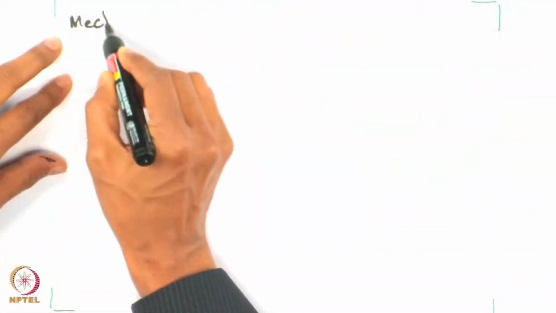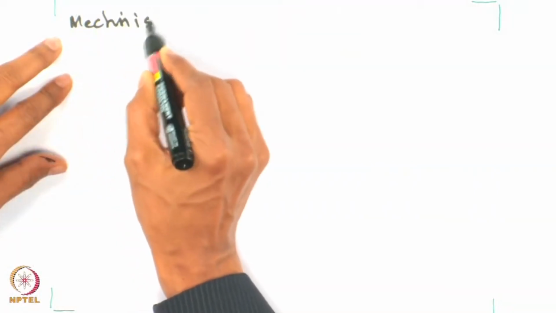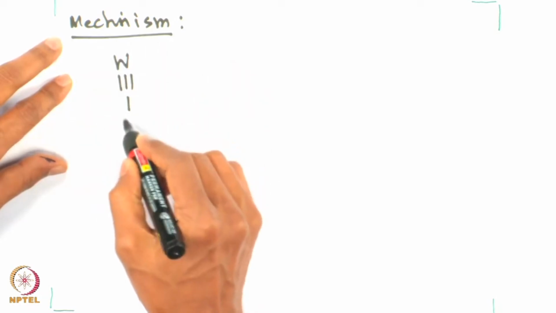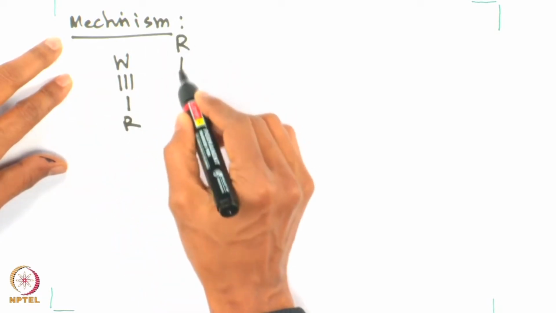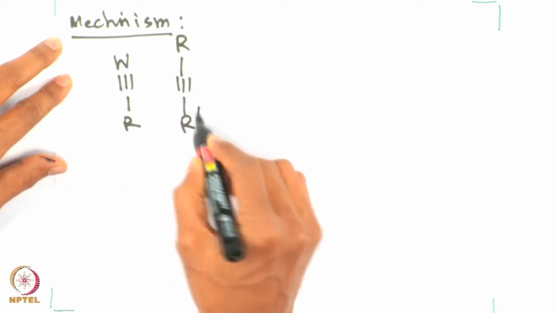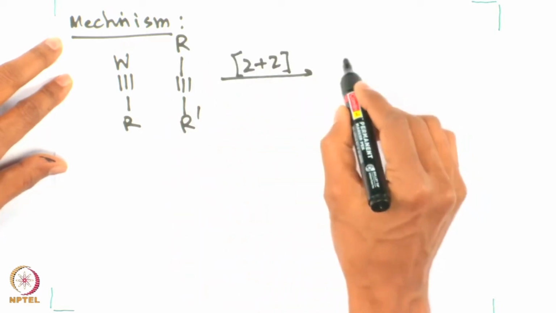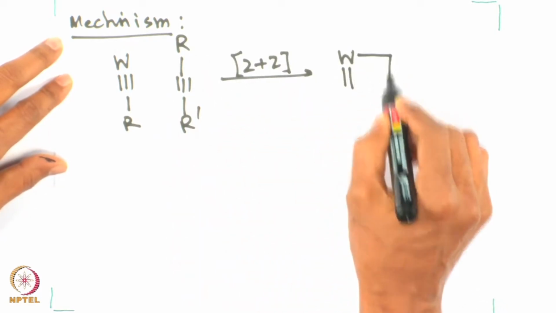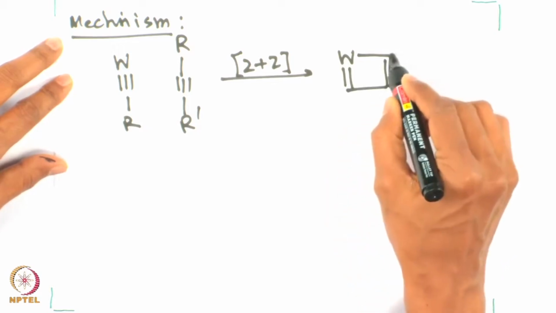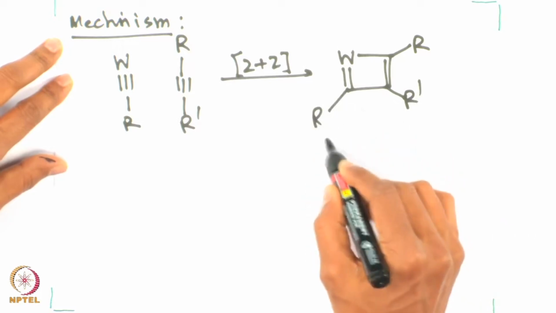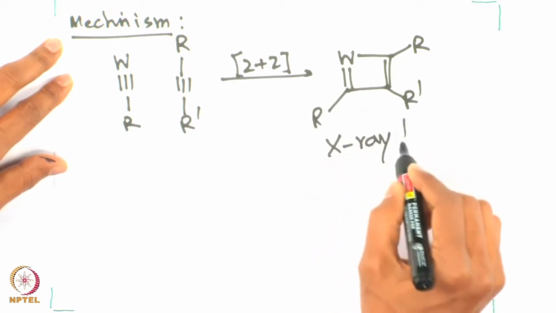Let us look at the mechanism. So, the mechanism for these alkylidyne species. We are taking the tungsten alkylidyne reacting with another alkyne. Overall, it is a 2+2 reaction to give you a tungsten intermediate. The most interesting part of this is that it is now characterized by X-ray.